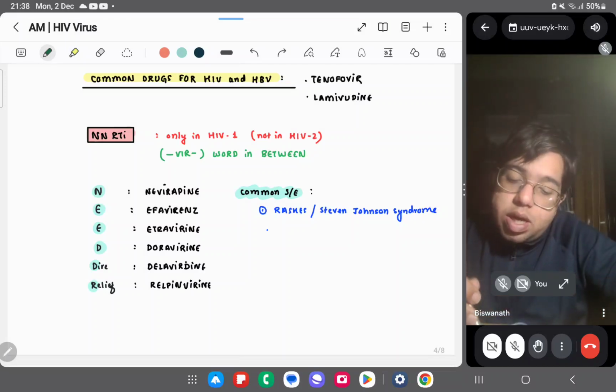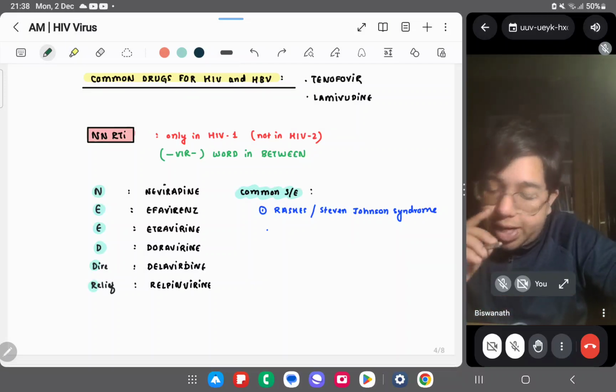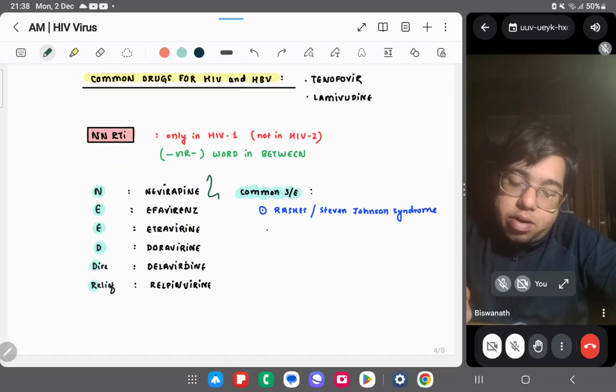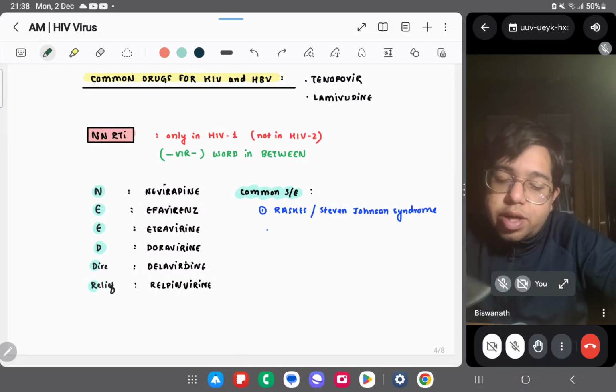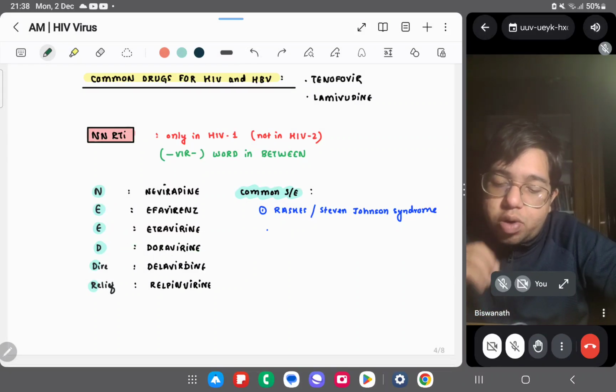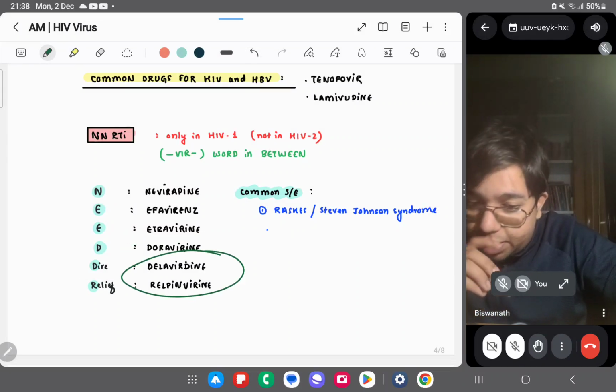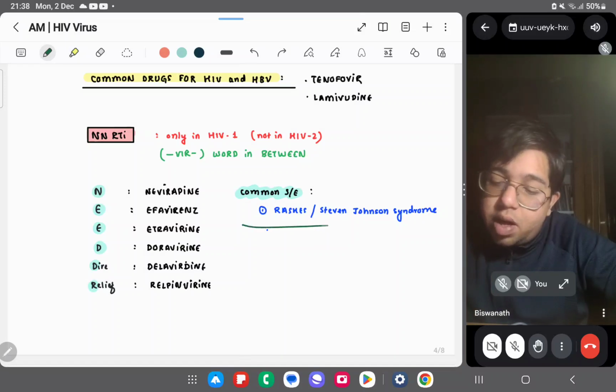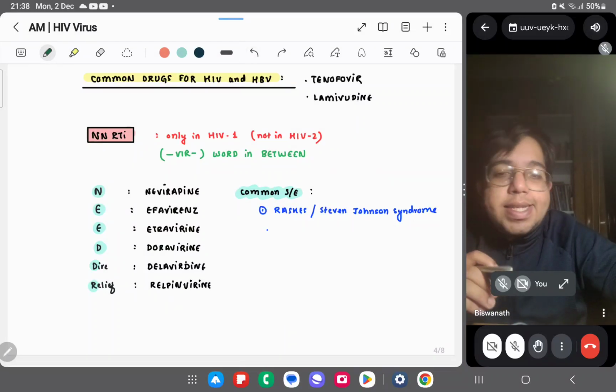Nevirapine and efavirenz are very good drugs, you have to remember. Etravirine, delavirdine and rilpivirine. Common side effect is SJ syndrome or rash.